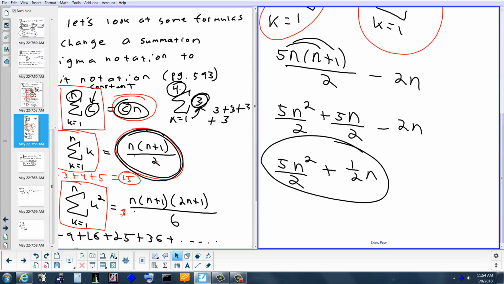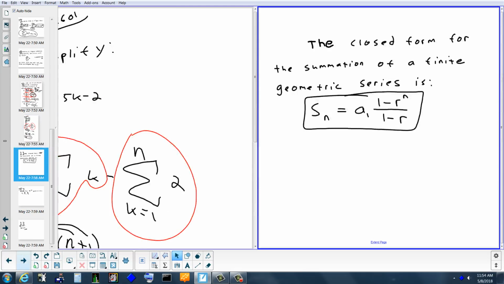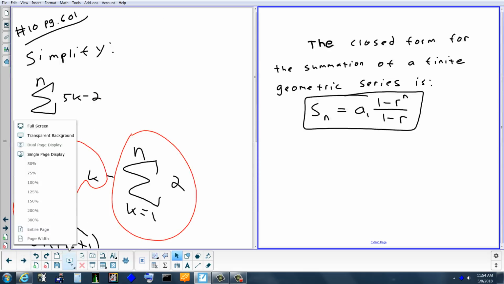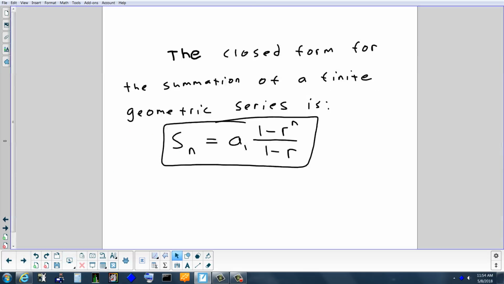All right, so last formula. So this is a formula for adding up terms in a geometric series. So let's say you had something like 2, 4, 6, 8, actually.